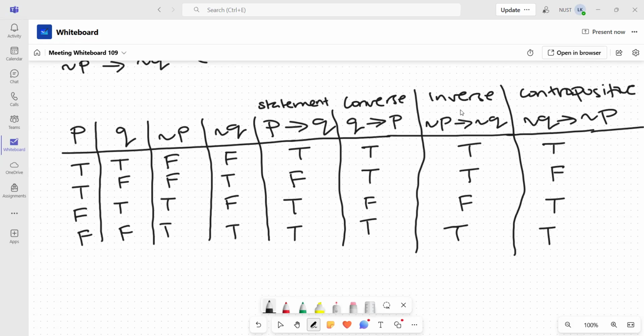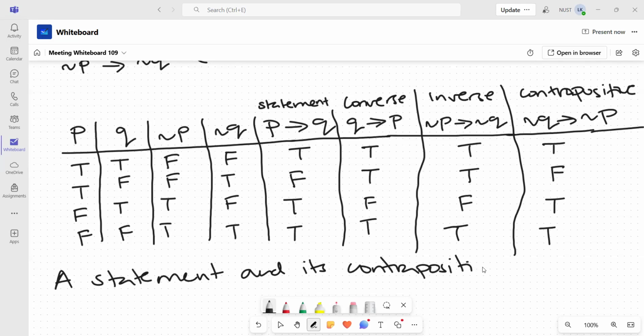It's not logically equivalent to the inverse, but here they're both false, and here when it's true, that is true. This is true, that is true. So we can see that a statement and its contrapositive are logically equivalent.